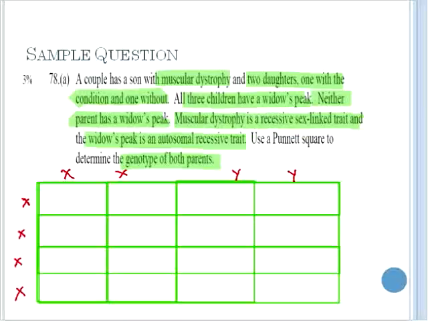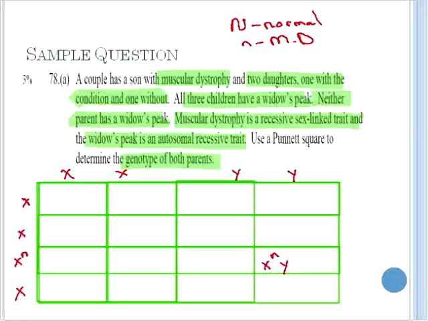So to be muscular dystrophy, that child must have gotten, we'll use little n to represent the presence of it, it's recessive, capital N to represent normal. So the male must have gotten muscular dystrophy from mom.